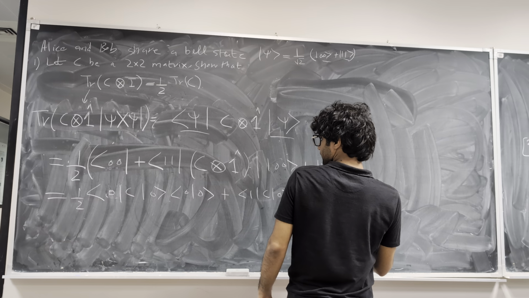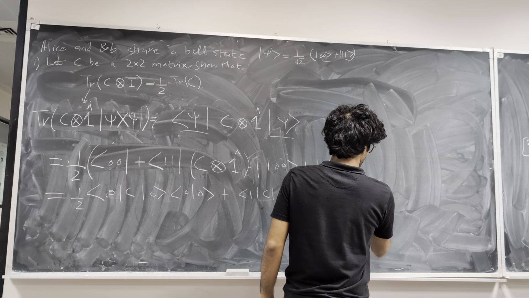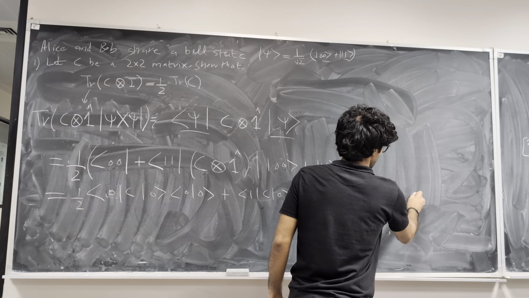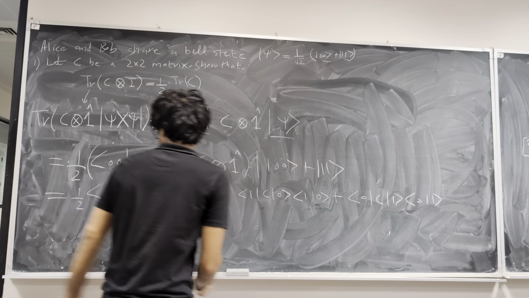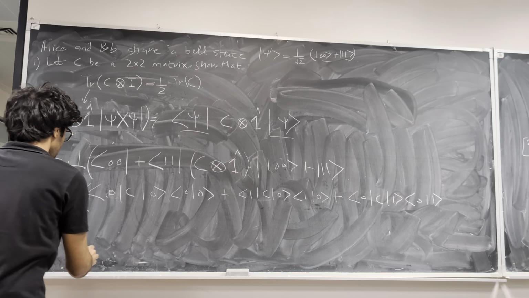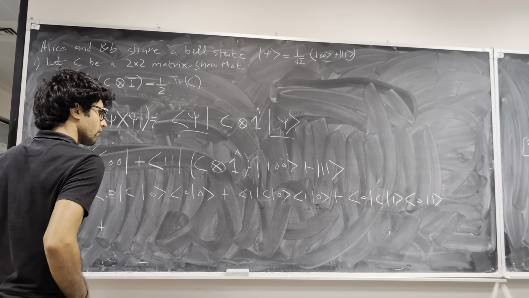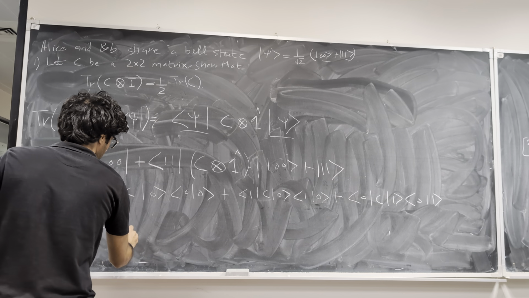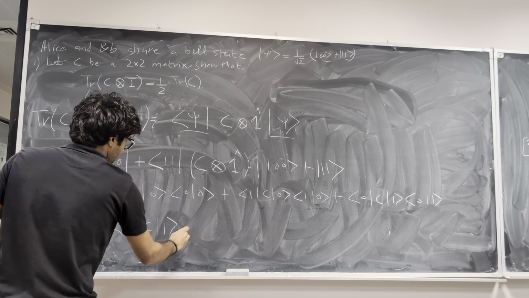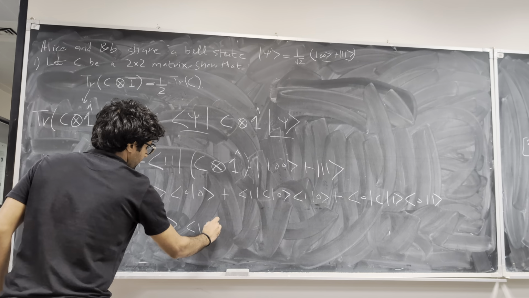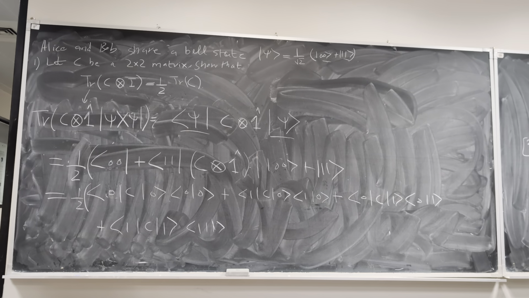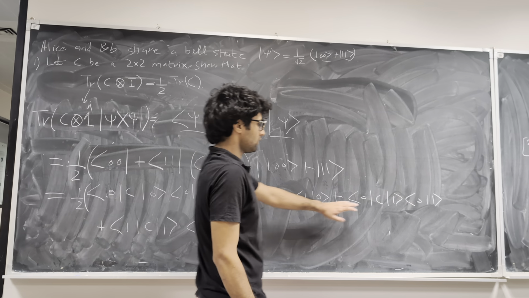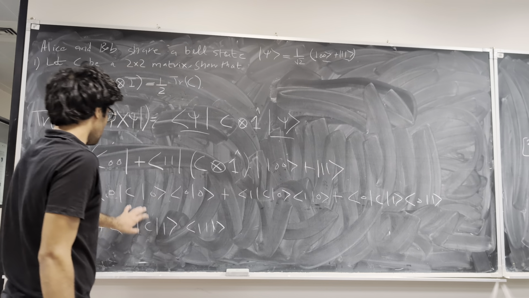So 1 C1, 0 C1 and then 0 1. The third term, and the fourth would be 1 C1, 1 C1 and then 1 1. Right? Okay, so now this is 0, this is 0, these two are correct.